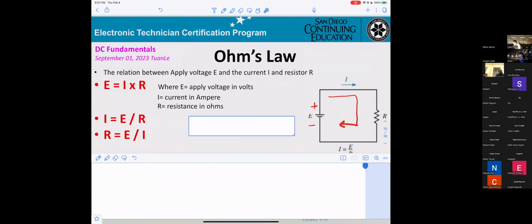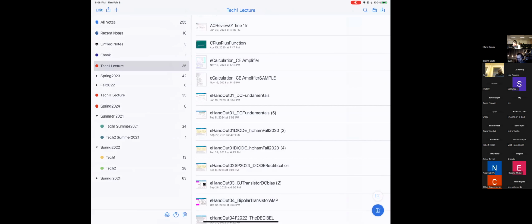Last lecture, you left off basically at the voltage divider rule based on my bookmark. So it might be a good idea to review DC series circuit using the voltage divider rule and then move forward.